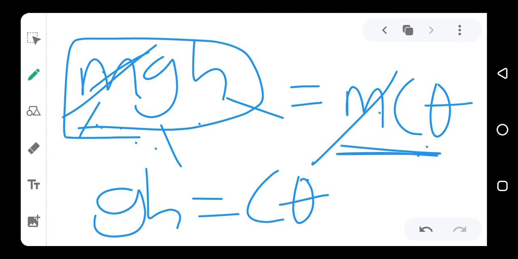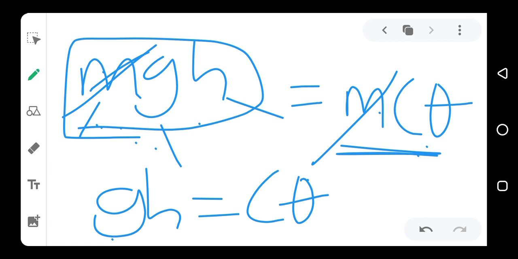Now this means that if we have an object that is placed at a certain height, we can get a specific heat capacity if temperature is given to us, or we can get the temperature if the specific heat capacity is given to us, by equating the gh. g is acceleration due to gravity, which is always 10.